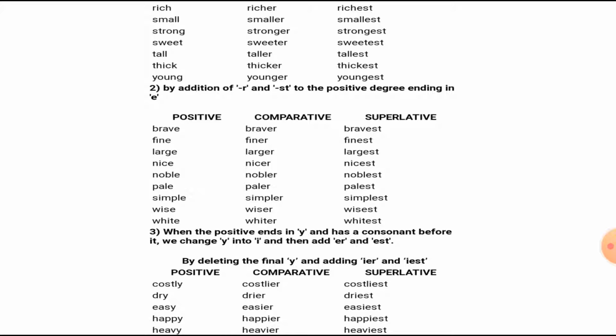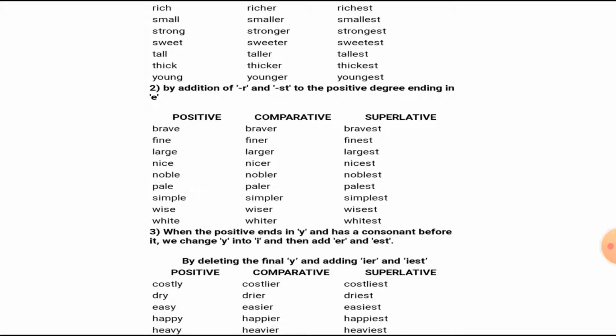Small, smaller, smallest. Strong, stronger, strongest. Sweet, sweeter, sweetest. Tall, taller, tallest. Thick, thicker, thickest. Young, younger, youngest.